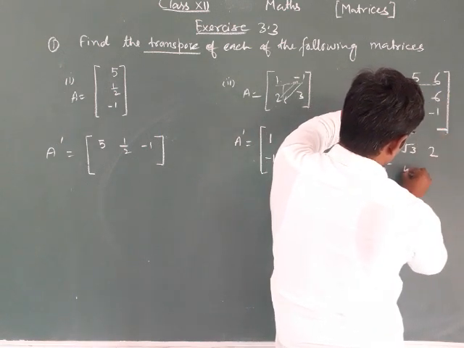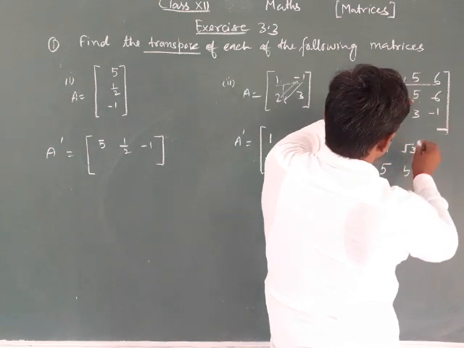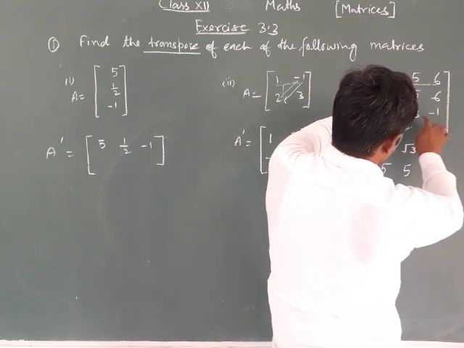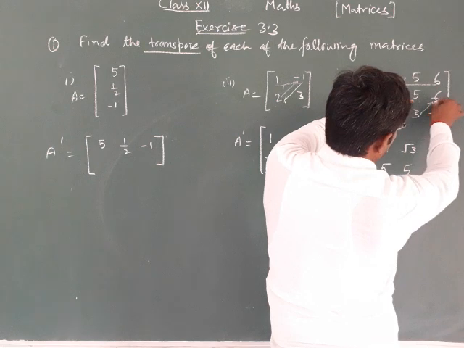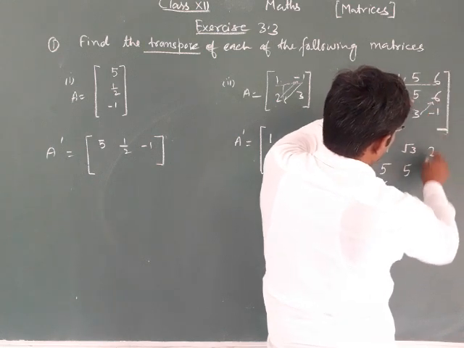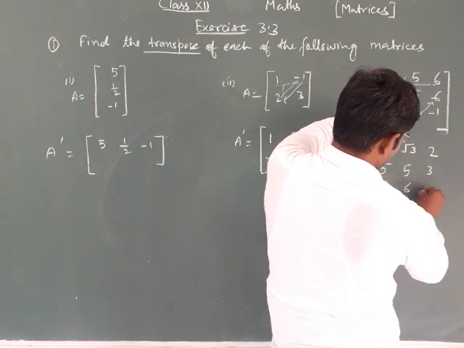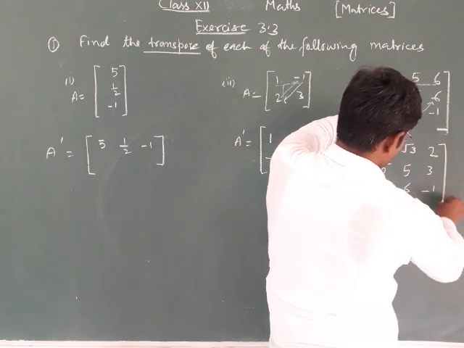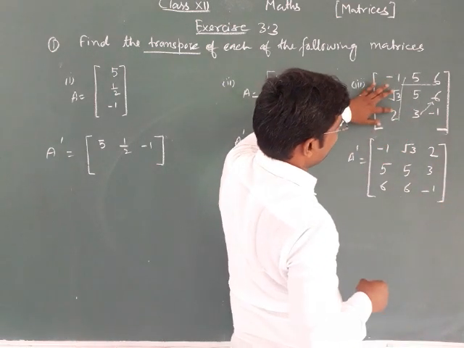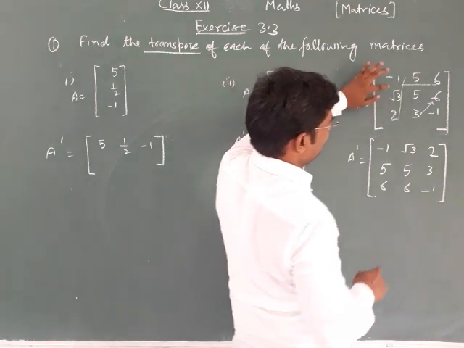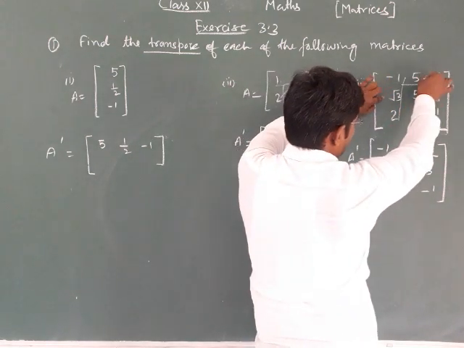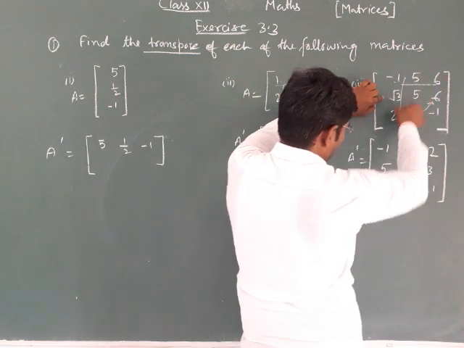In the same way, this is 5 and also replace here. So this is 3 and replace here. So this is 6 and minus 1. So now change row to column, column to row. So now this is a row and column.